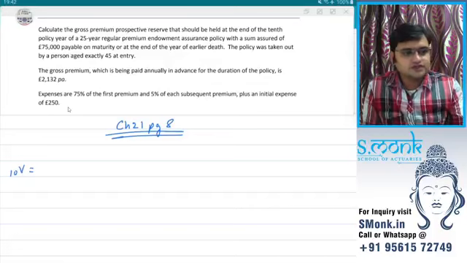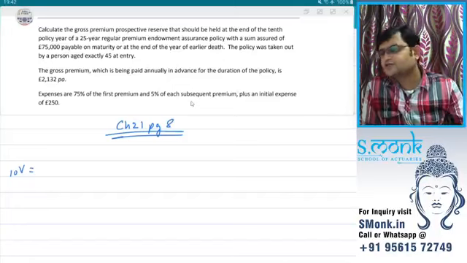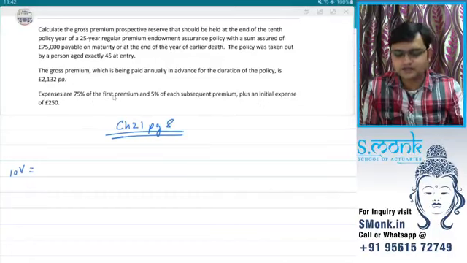In future, the expense that we will see is only the 5% of the subsequent premiums. That is why, while writing the prospective reserve formula, I did not use I at all. Why? Because that was at time 0. Similarly, this initial expense and this 75% of the first premium are initial expenses at time 0.